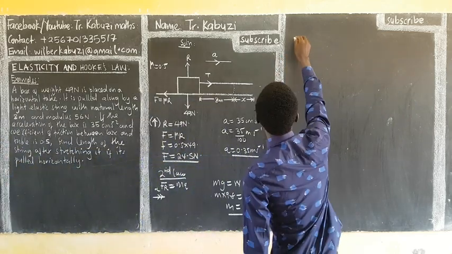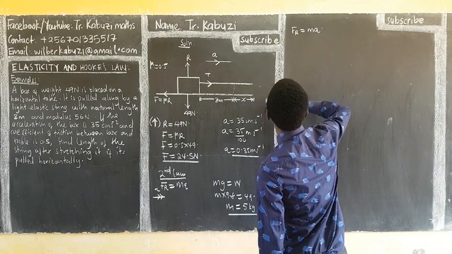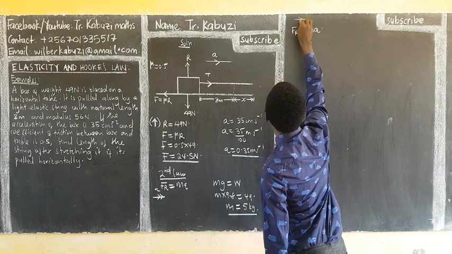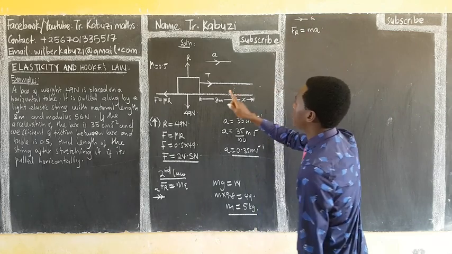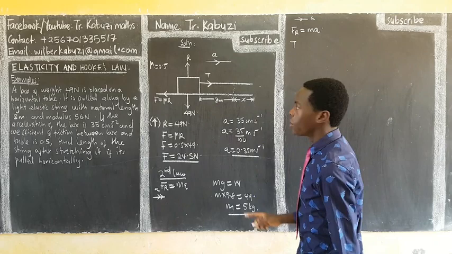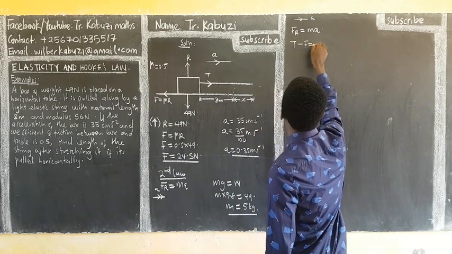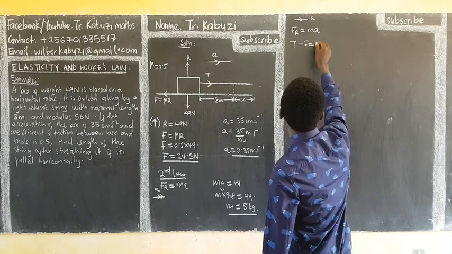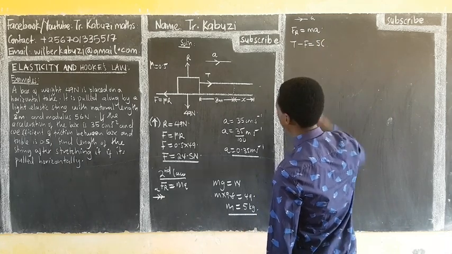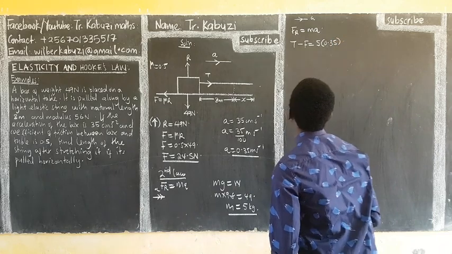So F resultant equals ma, meaning our acceleration is in this direction. So what is pulling it in this direction? I think we see that we have T, but there is friction opposing it. So T minus F equals the mass, which is now 5, times the acceleration, which is 0.35.